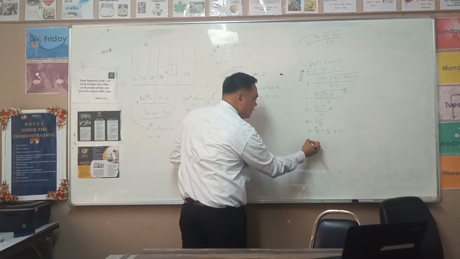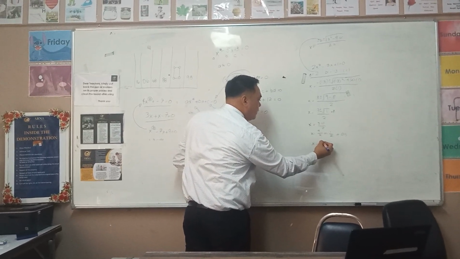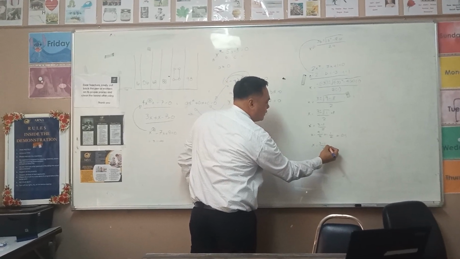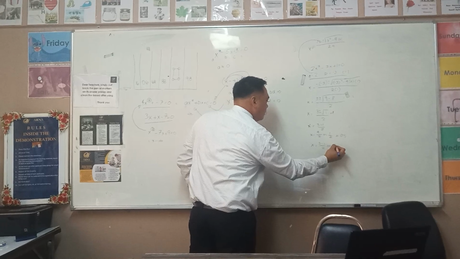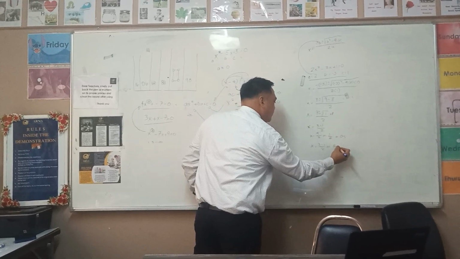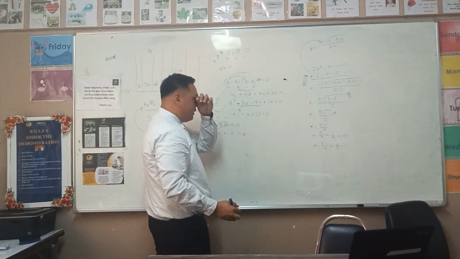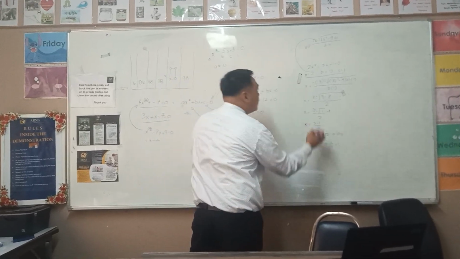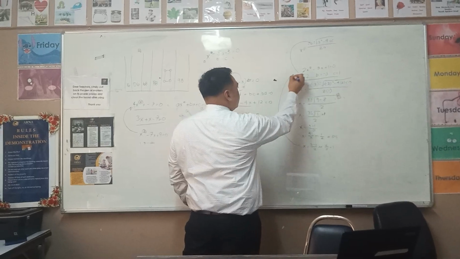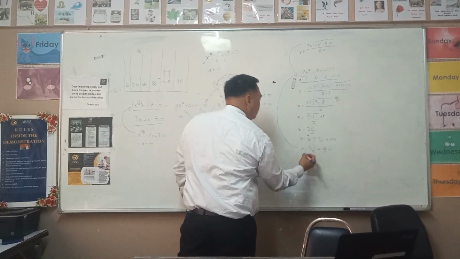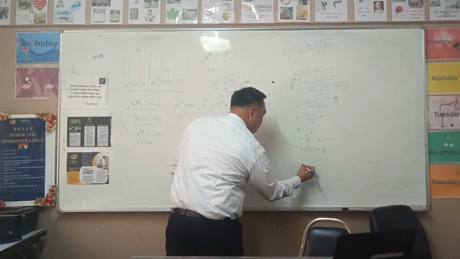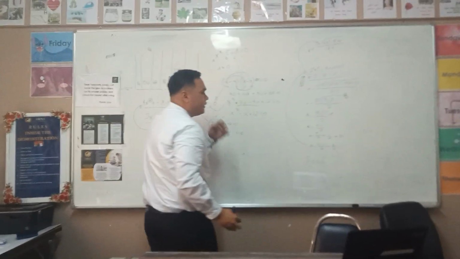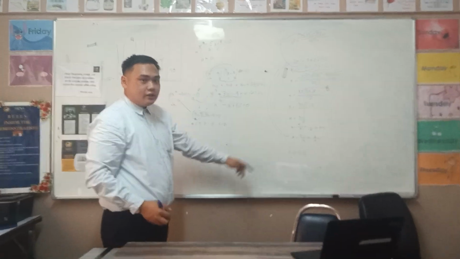First, x is equal to 3 minus 1 all over 2, or this is equal to 2 over 2, which is equal to 1. Now we have two answers. Therefore, the answer for this equation is 0.5 and 1.